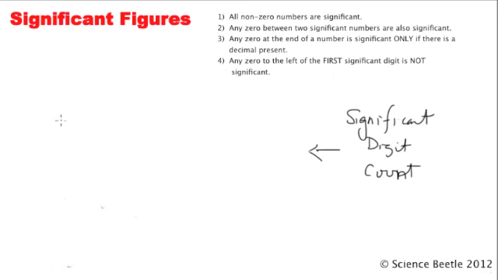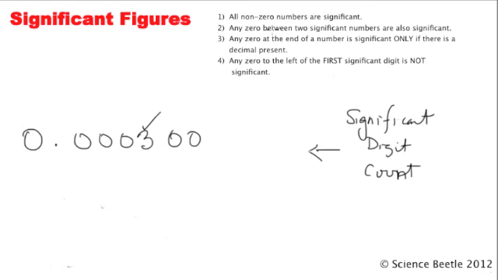So let's say we have 0.000300. How many significant figures do we have in this? Well, let's begin at the very first rule. I know it can be a little bit of a challenge, but let's start at rule number 1. Rule number 1 says that all non-zero numbers are significant. The only non-zero number here is a 3, so there's 1.